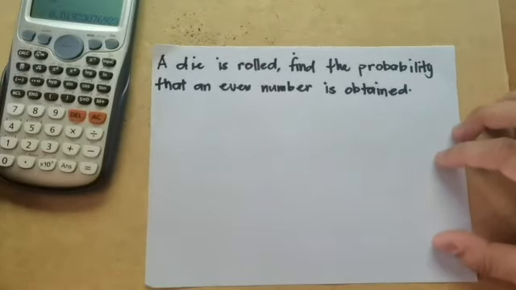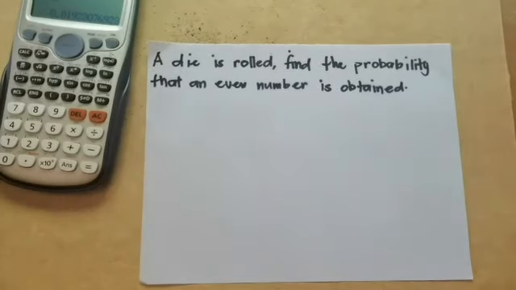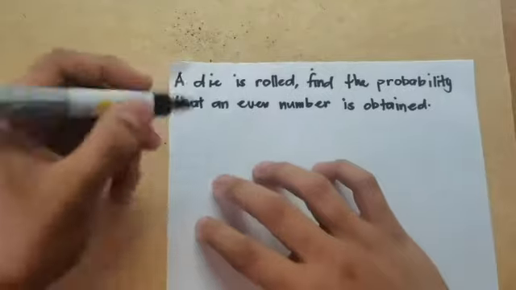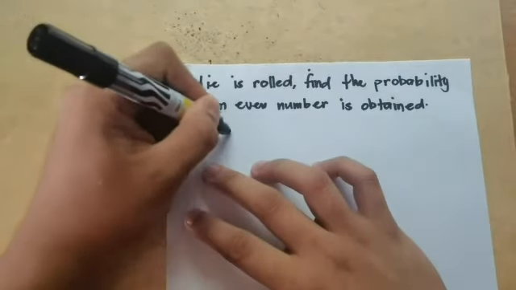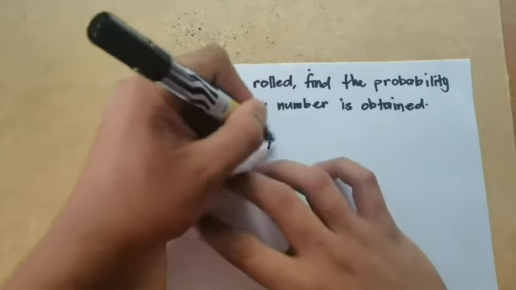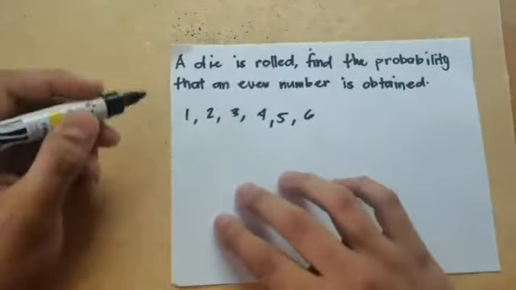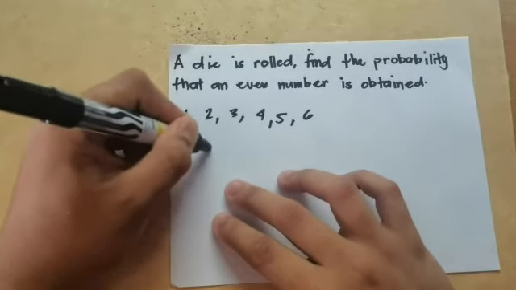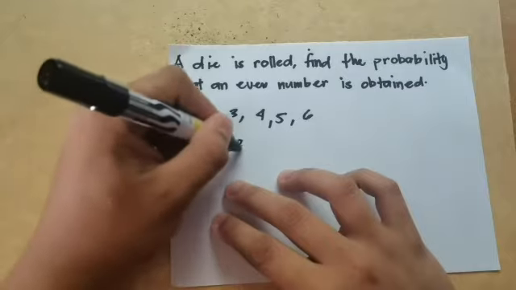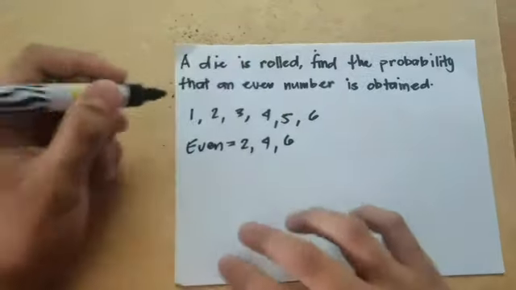A die is rolled. Find the probability that an even number is obtained. So the numbers on the die are 1, 2, 3, 4, 5, and 6. Even numbers are 2, 4, and 6.